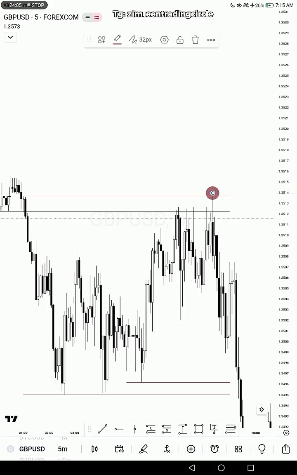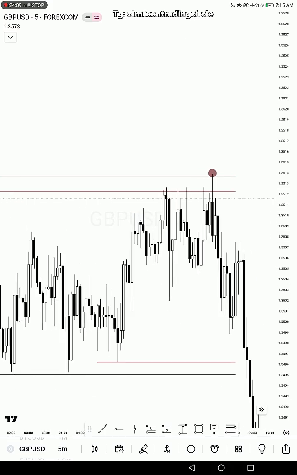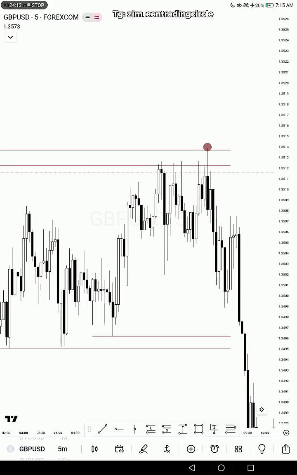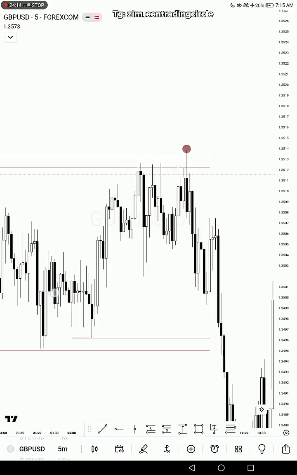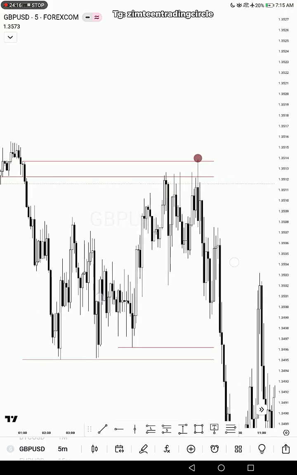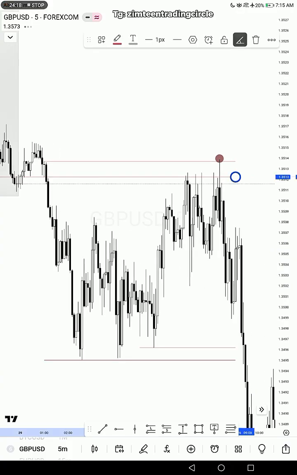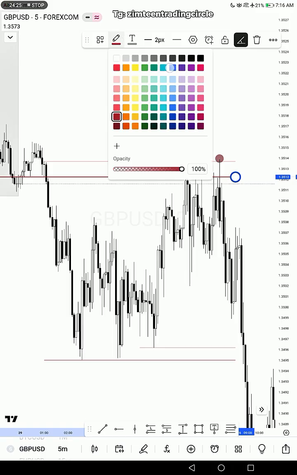So on the 5-minute time frame, our manipulation candle, this is our key level. Right here is our key level. Let me put it another color, blue. Nice.